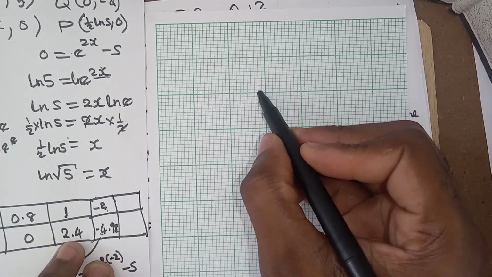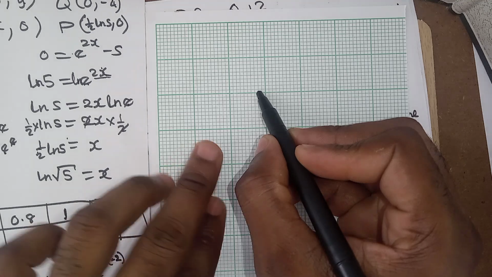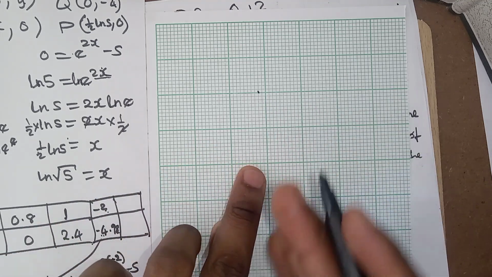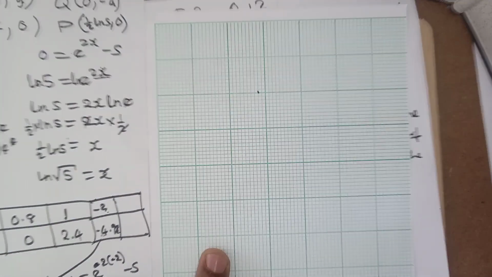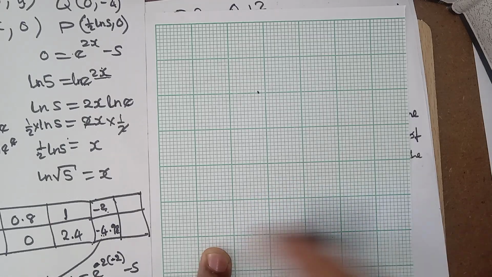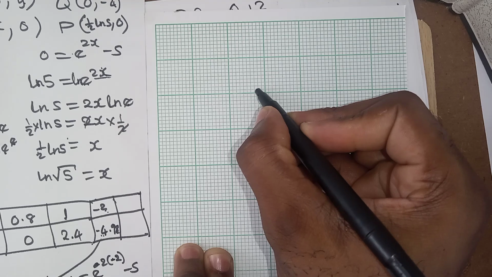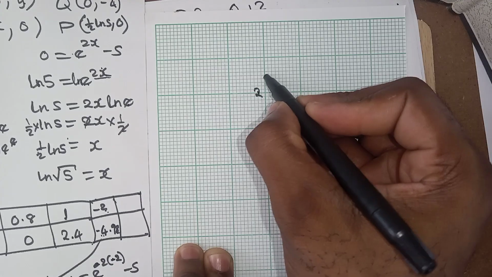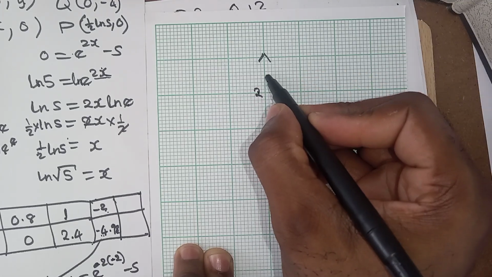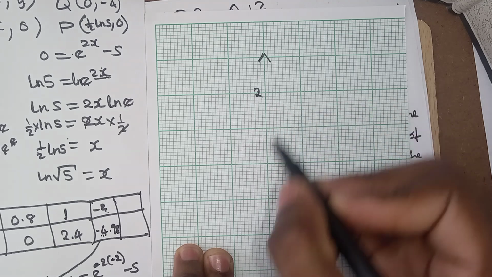So maybe we can have our 2 here. Of course, I can use this as my y-axis since we don't have a lot of numbers on the x-axis. So we can say 2.4 will be somewhere here.